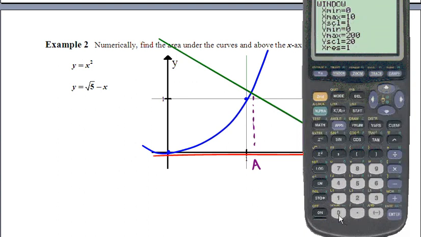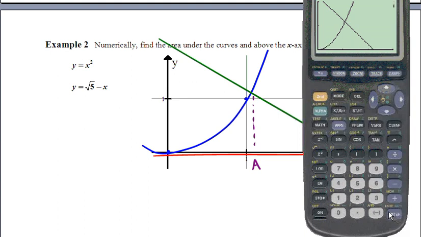Maybe from 0 out to about 3, and the y's 0 up to about 2 is probably fine. Okay, great. So I'm going to ask my calculator what these values for A and B are, so I can calculate. I'm going to do an intersection of the two curves.